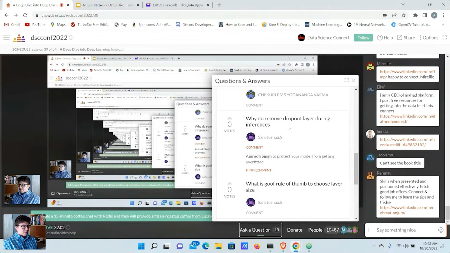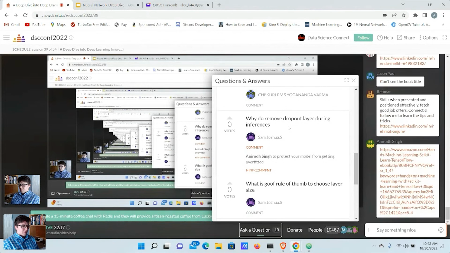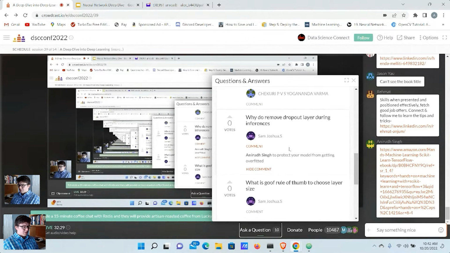You mean the hidden layer? So essentially, when you create your output layer, you want your output to fit a certain paradigm. Like if you're predicting a probability, you want it to be between 0 and 1. So that's why I use the sigmoid. I hope I answered that question.